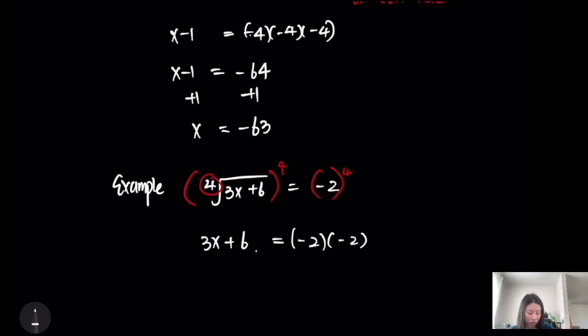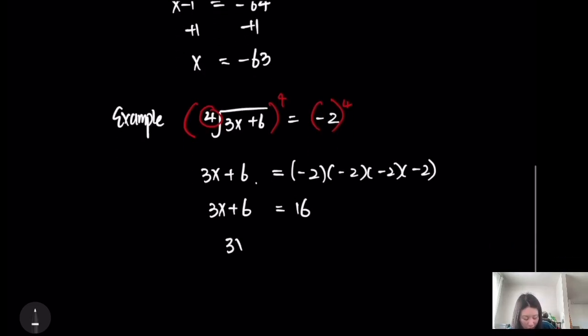You will have four negative 2s multiplied together. So I got 3x plus 6 equals 16, because all the negatives got cancelled. And then I can solve it by subtracting 6 on both sides and then dividing by 3. So x is equal to 10 over 3.